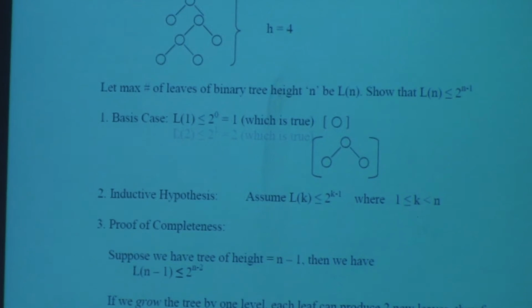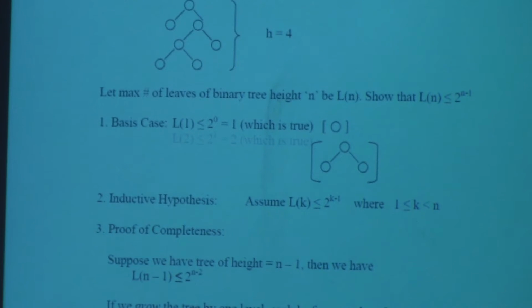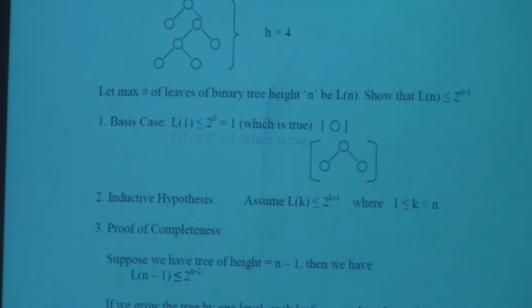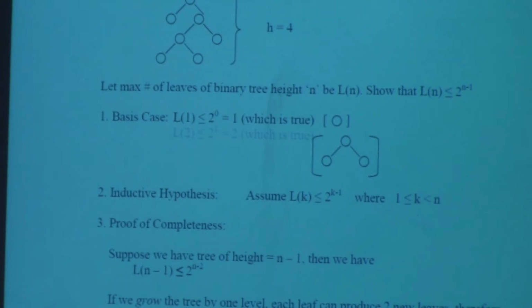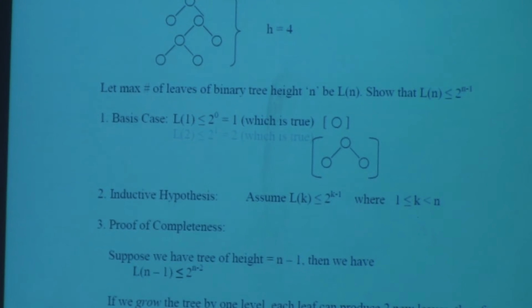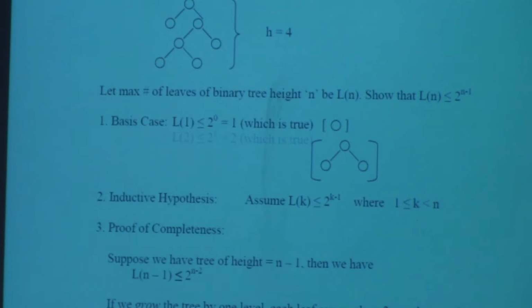So that's, we maximized our assumption. But the height of this tree is only n minus 1. So the number of leaves is less than or equal to 2 to the n minus 2, which tells us that the maximum number is 2 to the n minus 2. So that's how many leaves we have.